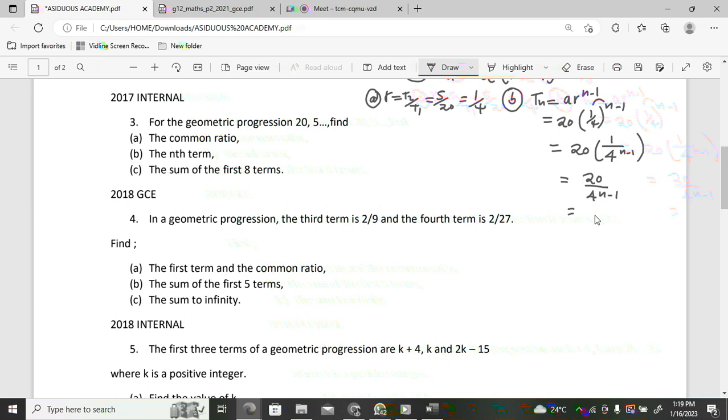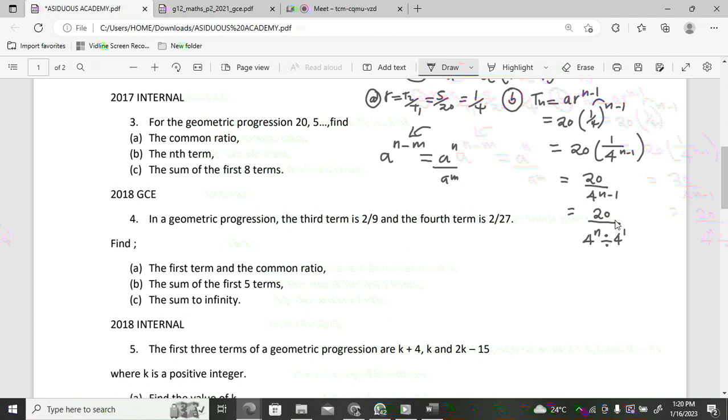Can I do anything of merging here? For this one, we can even leave it just here. Now I can also say this is the same as 20 over... When you have a number to the power n minus m, just know this was a to the power n divided by a to the power m. Why? Because they are subtracting here. So I can also write this as 20 over 4 to the power n divided by 4.